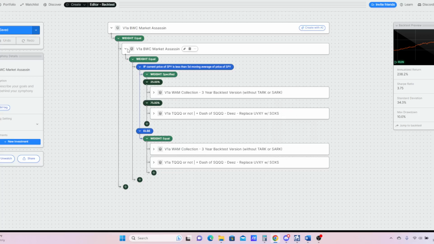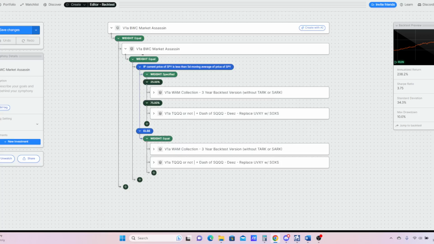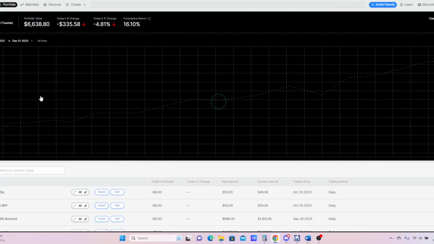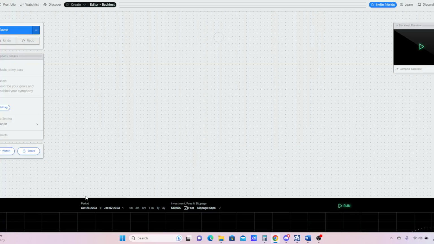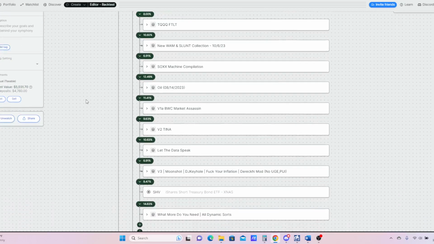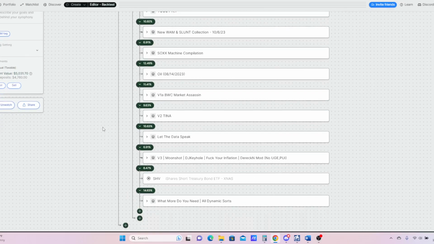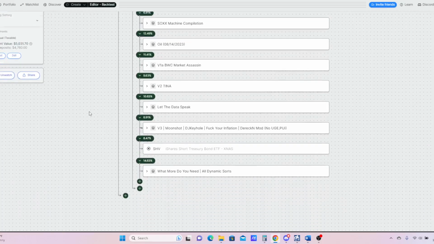But yeah, I have this one as part of my master, and I think I have like 7 point something percent on it. Oh, right here, 11.4. I think it was 7 at one point, but then I reduced the size of Shiv, and then I allocated more to the other strategies.